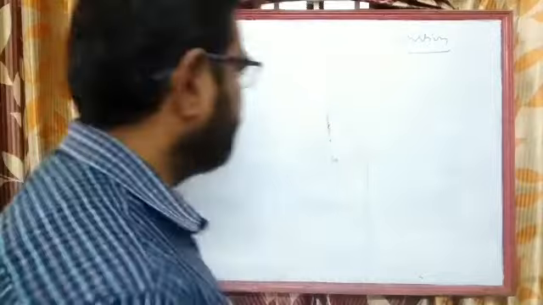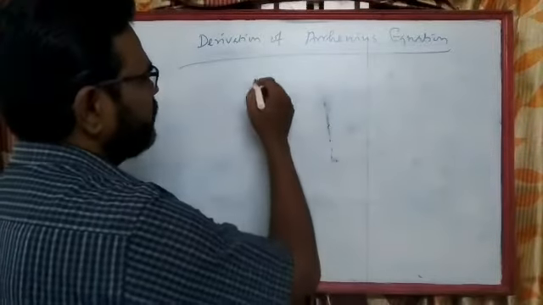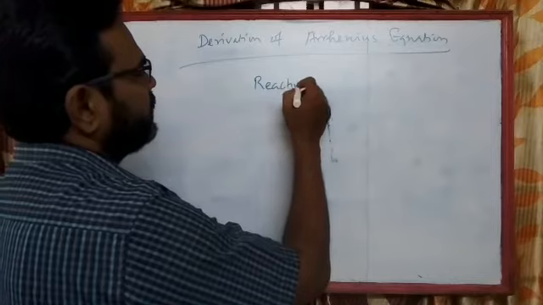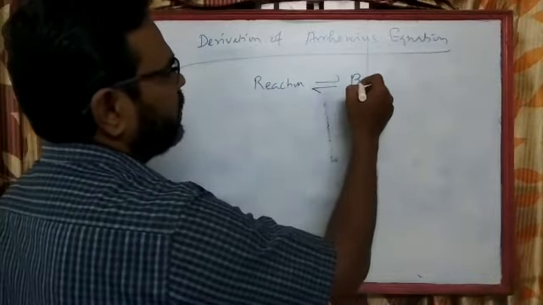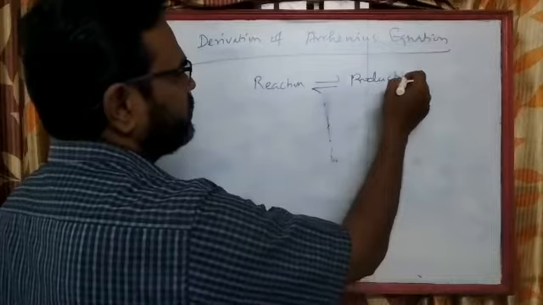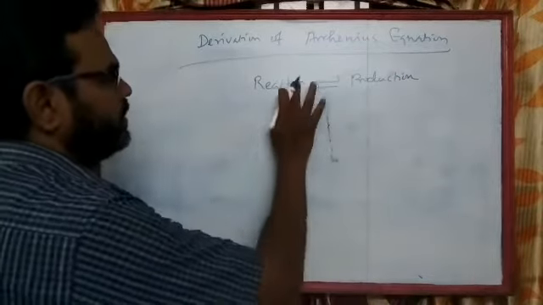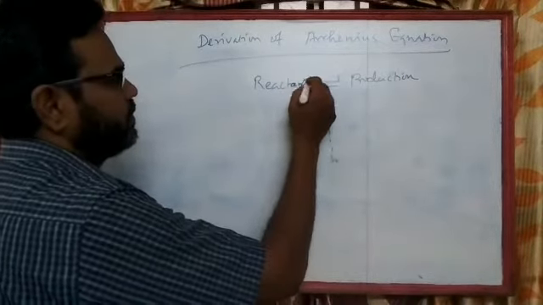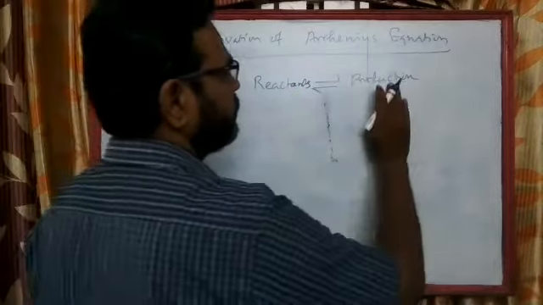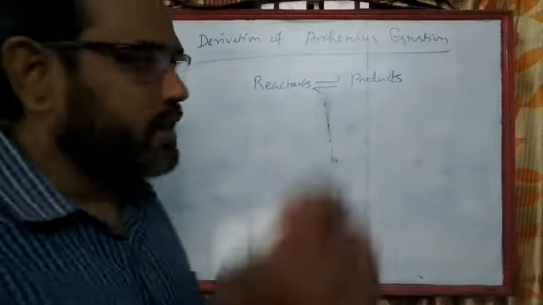The basis of the Arrhenius equation is the van 't Hoff thermodynamic equation. So before you get into the derivation part, you must know how it is derived from the van 't Hoff equation. If the reactants turn into products, assume that the reactants and the products are existing in equilibrium.